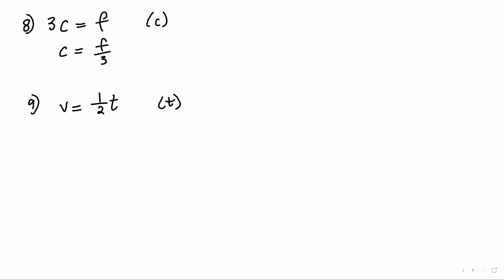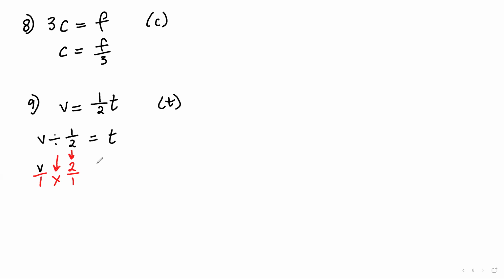So I'll say V divided by a half is equal to T. Now, if you recall, when you are dividing by a fraction, the division changes to multiplication, and the second fraction is inverted, so it's flipped. So dividing by a half is the same as multiplying by 2 over 1.